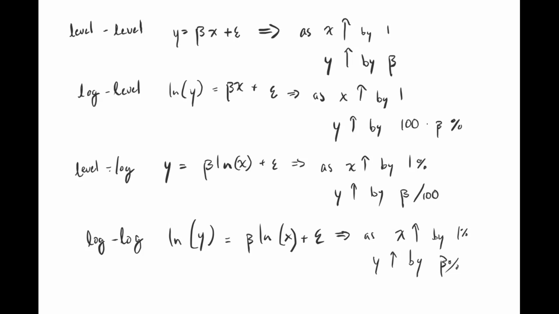But there's one thing that you need to be very careful of, and that's the reason why we can do this. So let's say I do ln of 1.01.